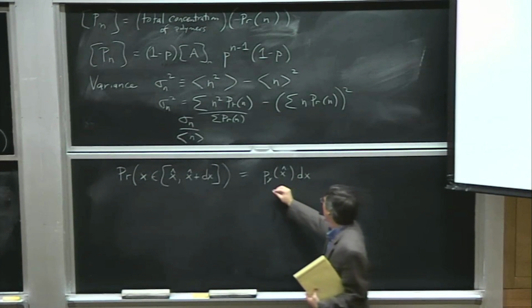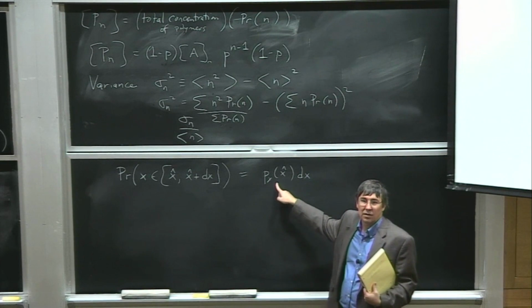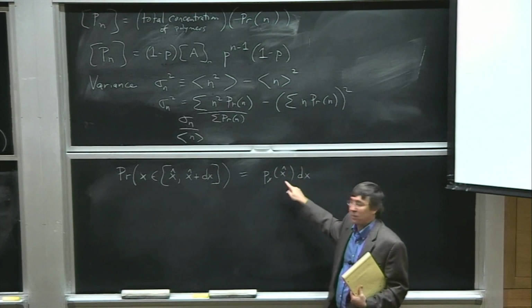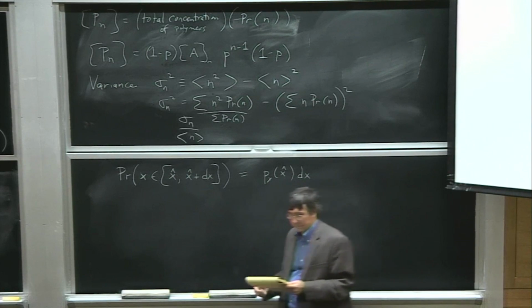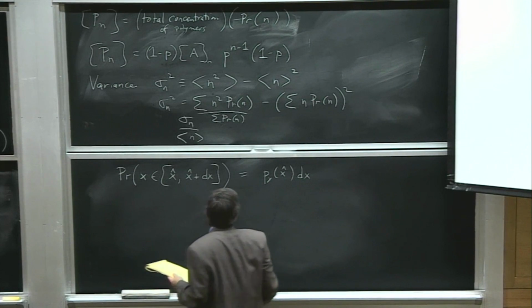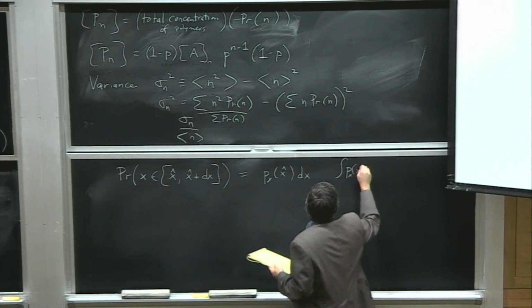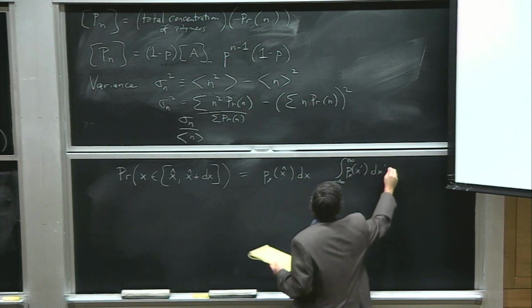All right, and so this quantity has units of 1 over x, whatever the units of x are. Yeah? And then you have to multiply it by dx in order to get the units to be dimensionless, which is what the probability is. All right? And there are obvious things like the integral of p_x of x prime dx prime over all possible values of x has got to be equal to 1.